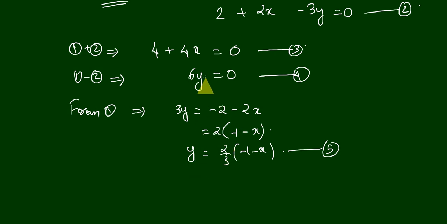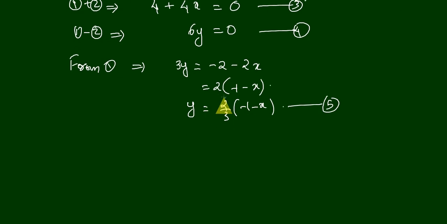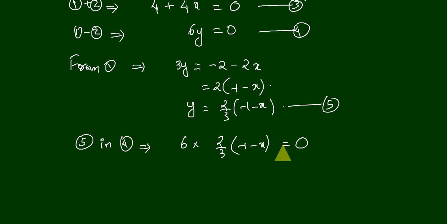So I am going to substitute the value of y here, so it will become in terms of x, and then I will get the value of x, okay. So equation 5, substitute equation 5 in equation number 4, then this will give 6 into the value of y, that is 2 by 3 into minus 1 minus x, that is equal to 0, okay.